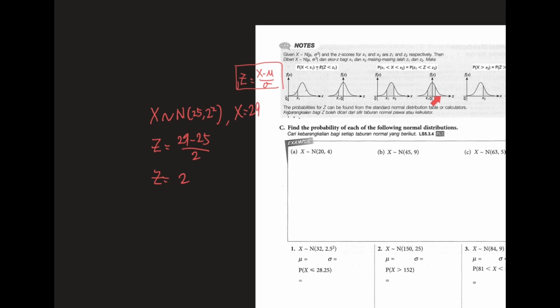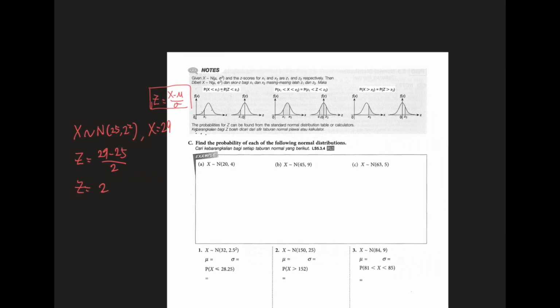How we use it, we'll discuss in detail. So once you get the area under the graph, that is the probability. Okay, so the probability of z1 to z2 is at the same time the probability of x1 to x2. So we change it to z to find probability.